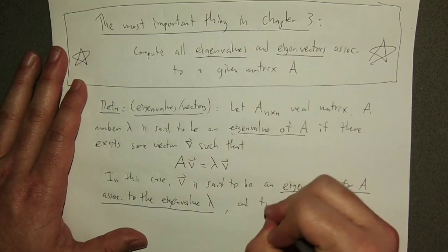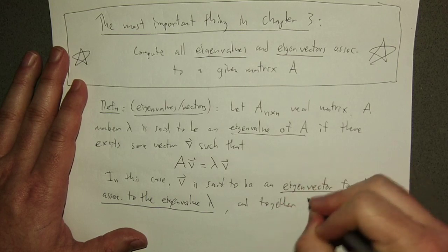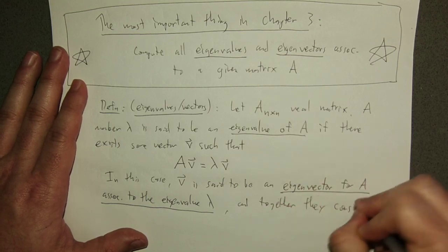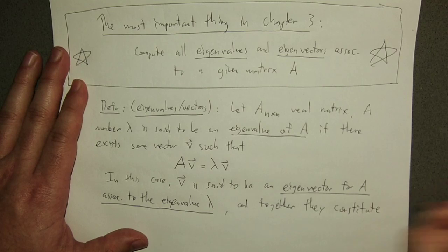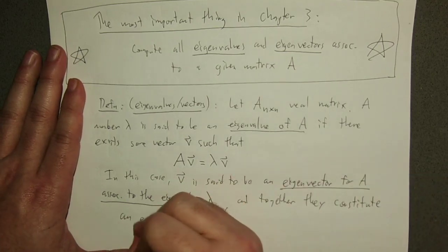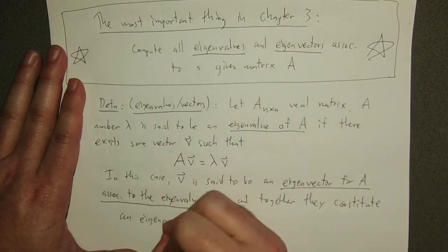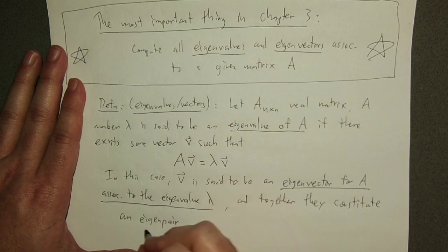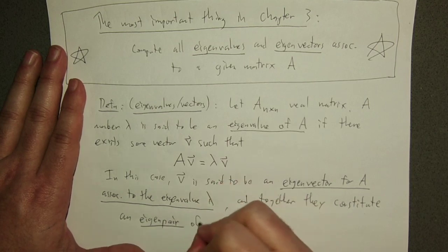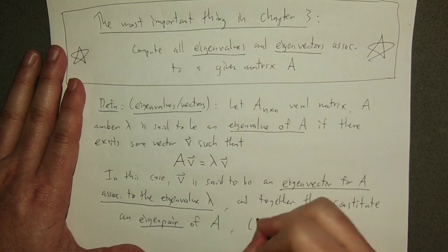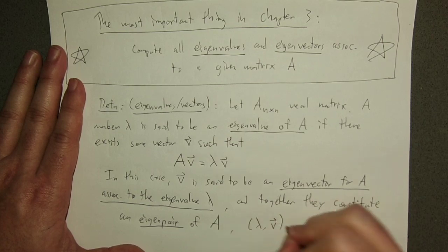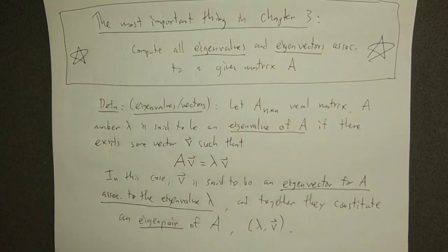And together, they constitute an eigenpair of A. We'll call it (lambda, v). That is an eigenpair.